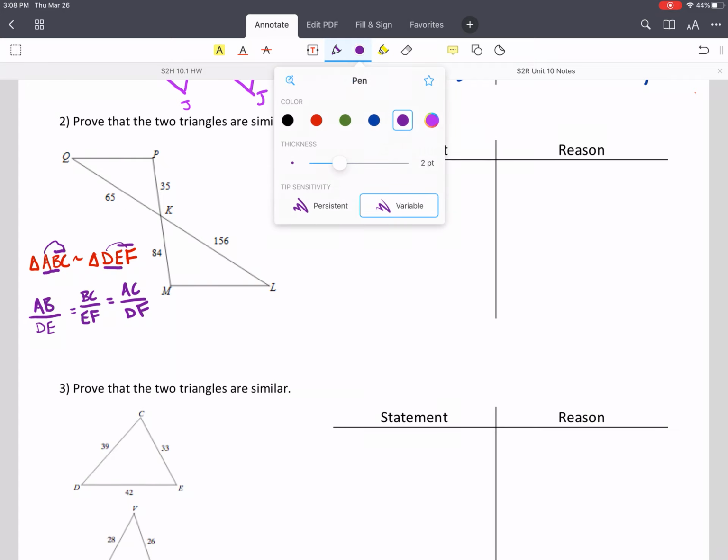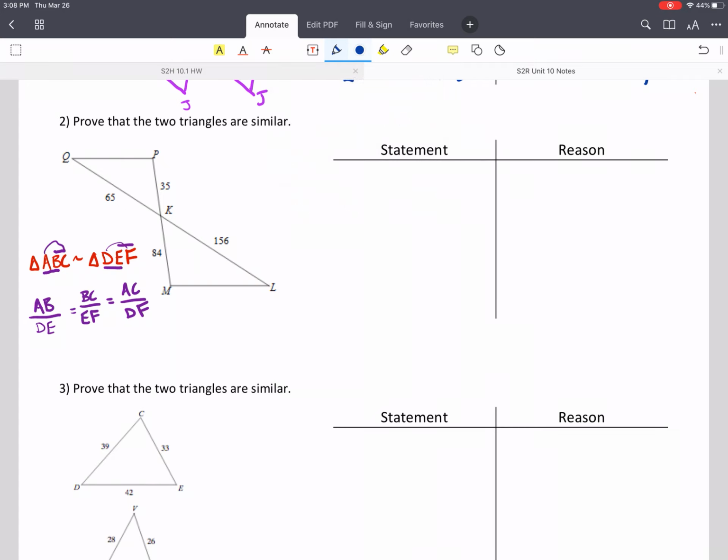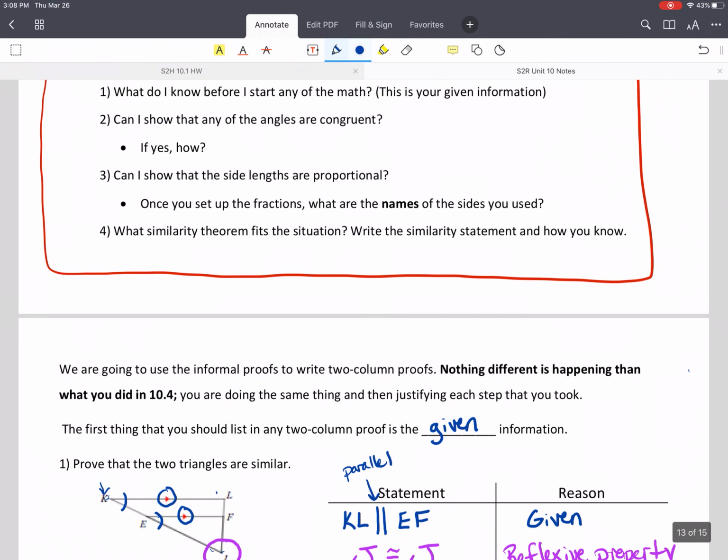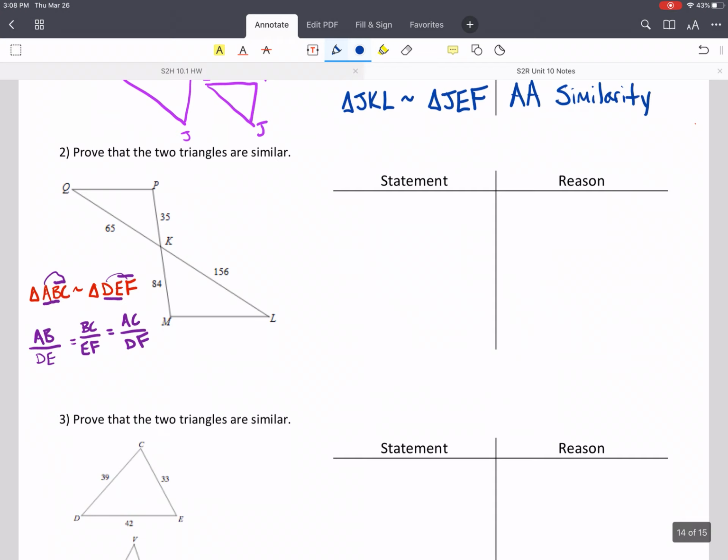And so, well, the first question is, do I know anything by just looking at the picture? Well, I know the side lengths. I'm not going to make you write those down. Next step of our two column proofs up here. Can I show that any of the angles are congruent? Well, I see here that I have some vertical angles. And so let's just name those.